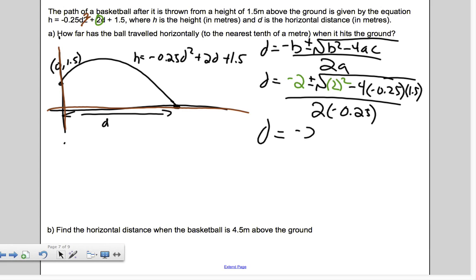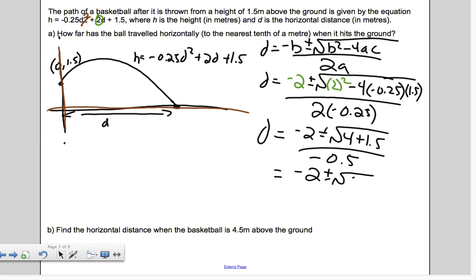Okay, calculators: negative 2 plus or minus the square root of 4 minus 4 times negative 0.25 times 1.5, all over negative 0.5, which is negative 2 plus or minus the square root of 5.5. So somebody give me the plus answer and somebody give me the minus answer.